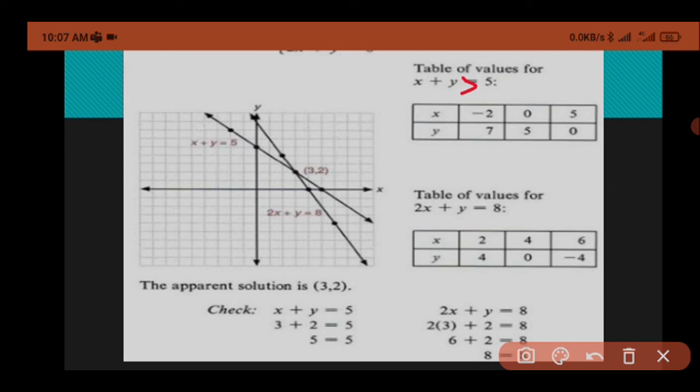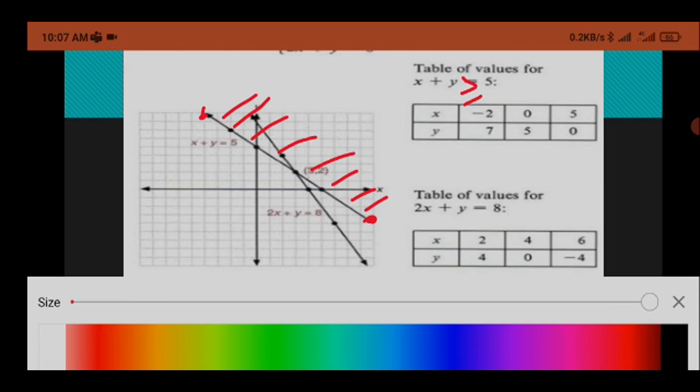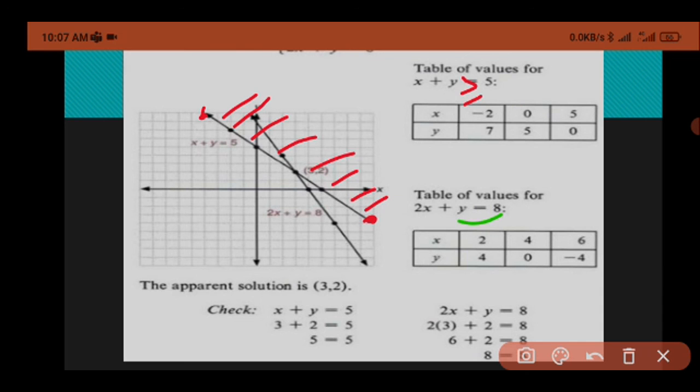If it is x plus y greater than or equal to 5, this equation we have to see first. X plus y is greater than or equal to 5. So we have to shade this way, because it is greater. Now for the second one, let us use some other color. The second one is 2x plus y, let us take smaller than or equal to 8.